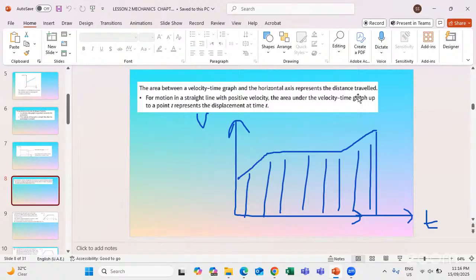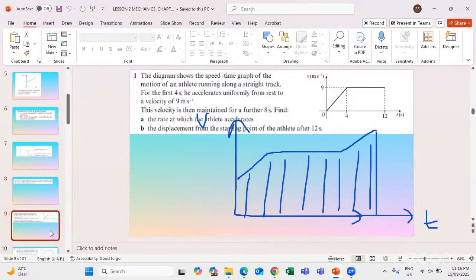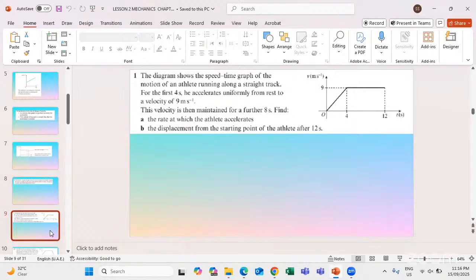Okay. Now the next point is our first question that we are going to discuss. This question says, the diagram shows the speed time graph of the motion of an athlete running along a straight track. For the first 4 seconds, he accelerates uniformly.